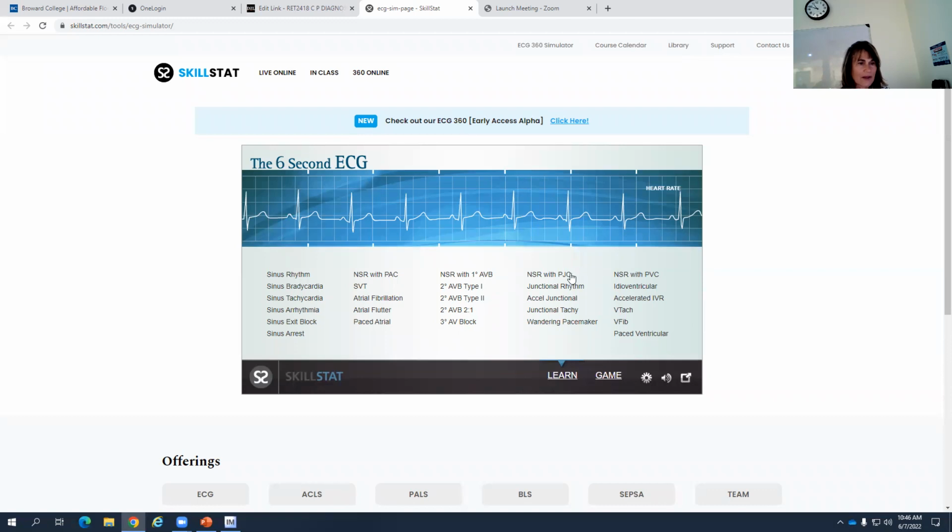Okay. Premature junctional contraction, not a PVC. It's probably a PVC. So you know what a PVC looks like. What about a junctional rhythm? Yes. Okay, accelerated junctional, yes, and junctional tachycardia, yes. A wandering pacemaker where all the P waves look different from each other.